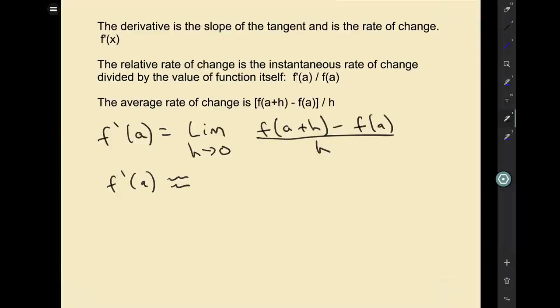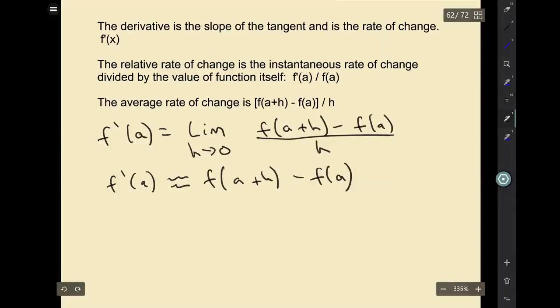And the instantaneous rate of change is approximately equal to f of a plus h minus f of a over h. And that's what I showed you in the very first slide of this video. And just to be clear, in case you haven't seen it before, this is an approximation.